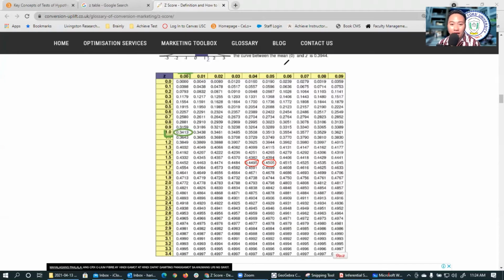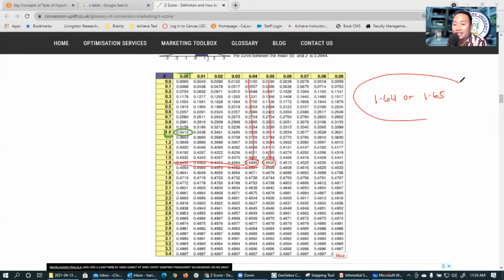So your possible z-score, guys, is either 1.64 or 1.65, because 0.4495 corresponds to 1.64 and 0.4505 to 1.65.